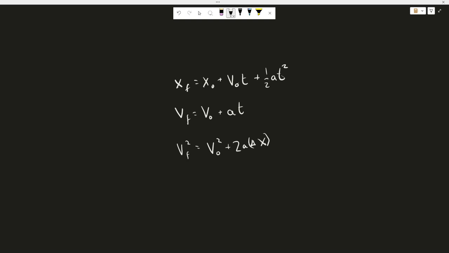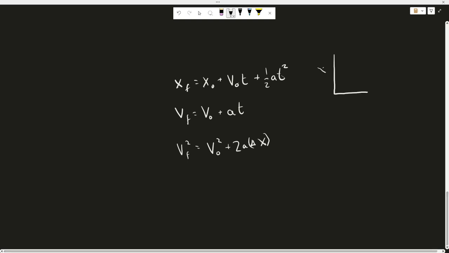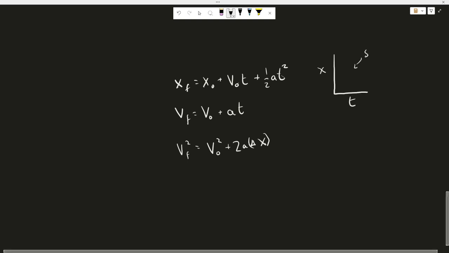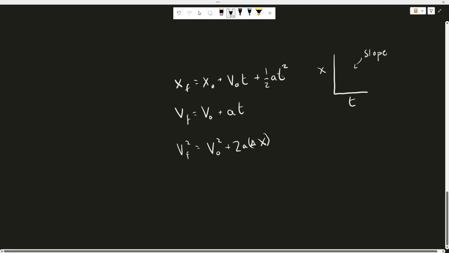Keep in mind that these things are all graphable, right? So your position can be graphed as position versus time, x versus t. The slope of this gives us our velocity, and the concavity gives us our acceleration. If we graph v versus t, the slope gives us our acceleration.